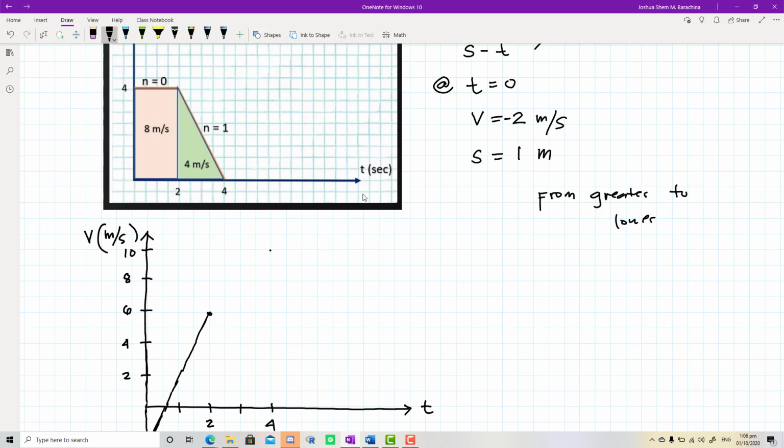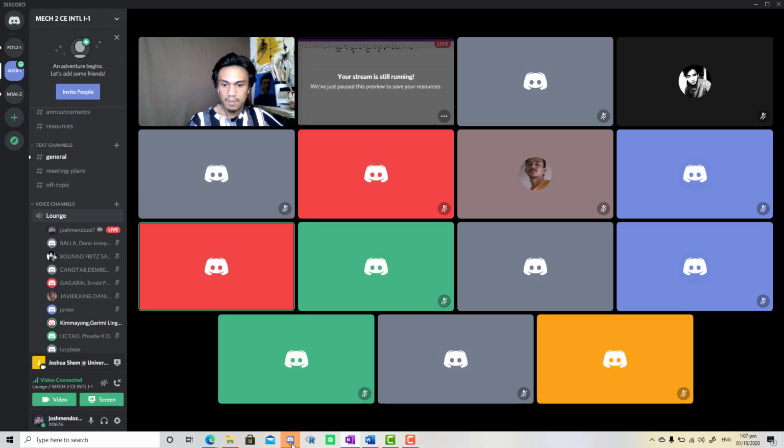Let's review yung concept ng ating slope. We have 4 types of slope, right? For this one, yung vertical, horizontal. These are basically the 4 types of your slope. For the first line, what is a vertical line? What is the slope of that line? Anyone?